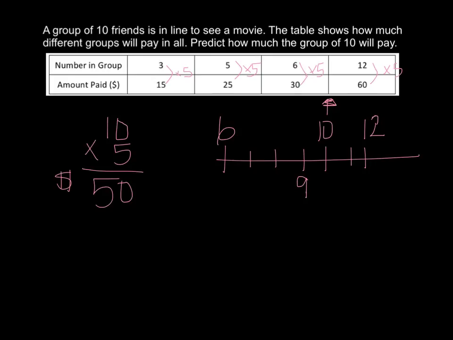Halfway between 6 and 12 would be 9. Halfway between 30 and 60 would be 45. So if 9 people would cost $45, I would know that I could add $5 to get to 10. But I think the other way was probably a bit easier.